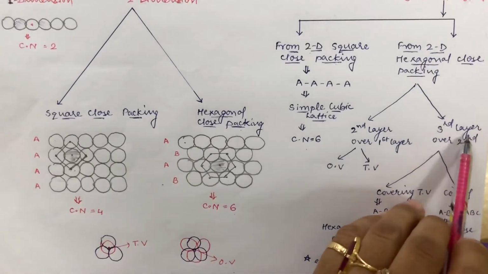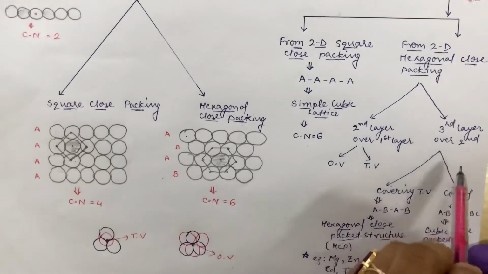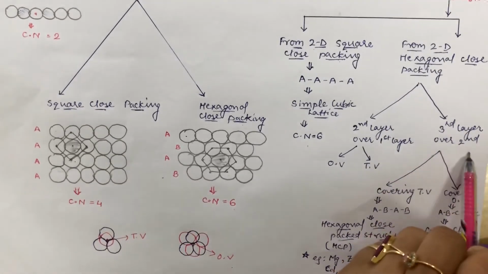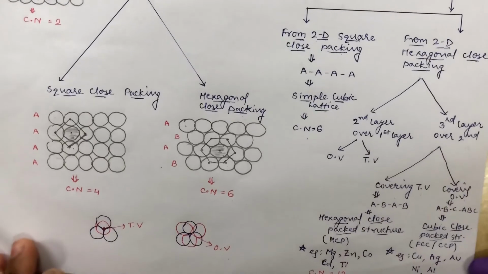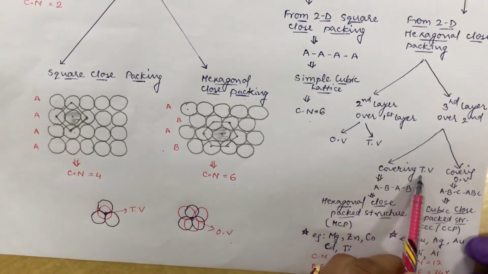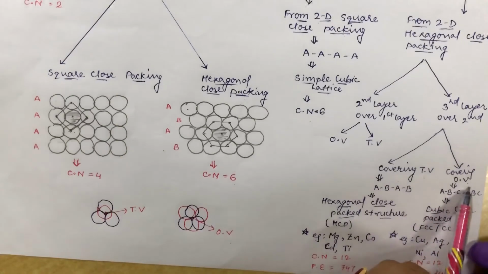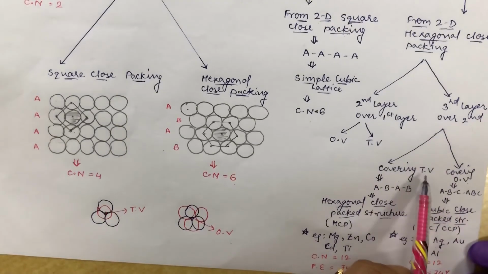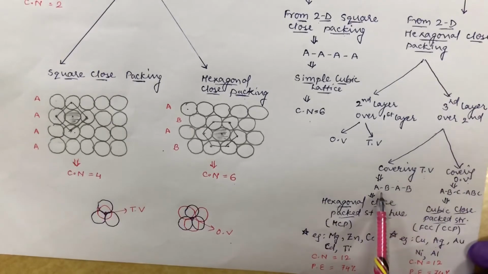Now when you place the third layer over the second layer, it may so happen that you cover the tetrahedral void or you may cover the octahedral void. If you are covering the tetrahedral void, the type of arrangement you will get will be ABAB type.